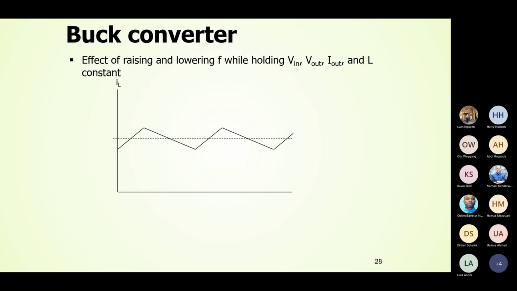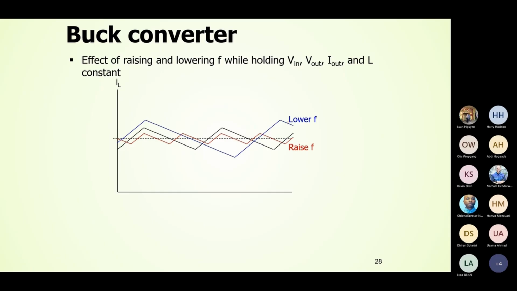Now, if you increase the switching frequency, so the faster you turn your switch on and off, let's say this is the baseline case. Now, if you increase the frequency, we can see that our ripple is decreasing. But if we decrease the switching frequency, meaning we turn the switch on and off at a slower rate, then our ripple is increasing.